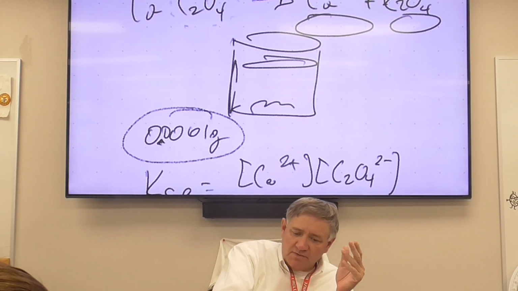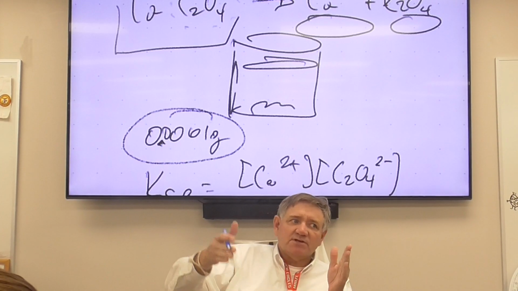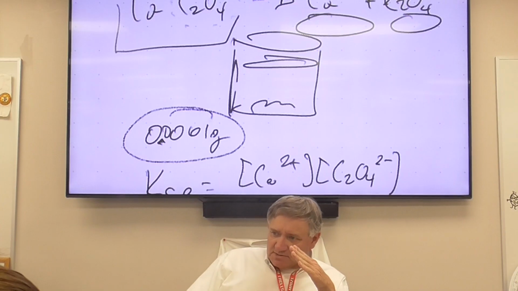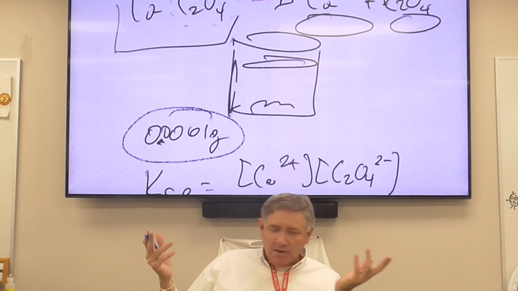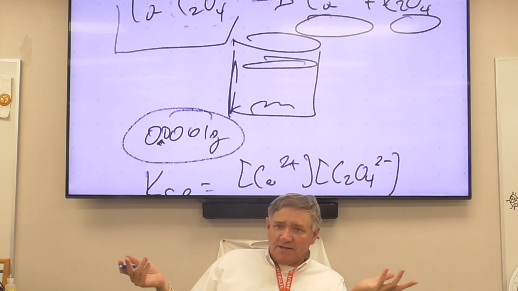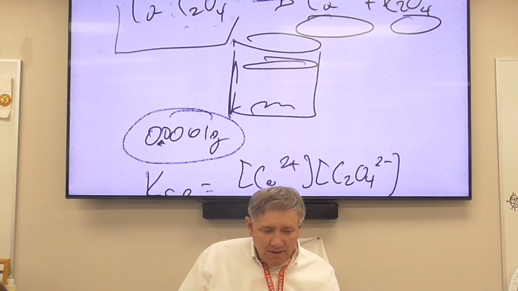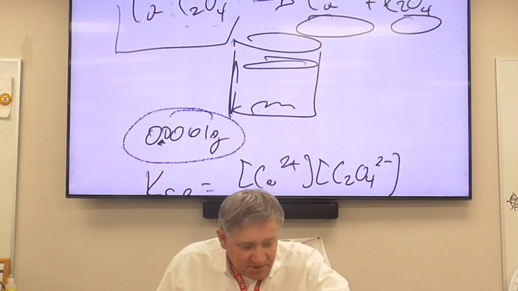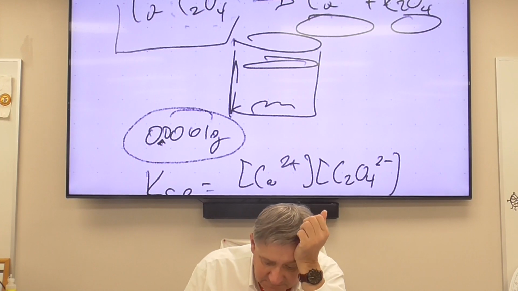So if you know the concentration of the calcium oxalate, then you know the concentration of the calcium, then you know the concentration of the oxalate ions. You don't have to multiply by 2 or divide by 2 or anything wonky like that, because it just ionizes in a 1-to-1 ratio.